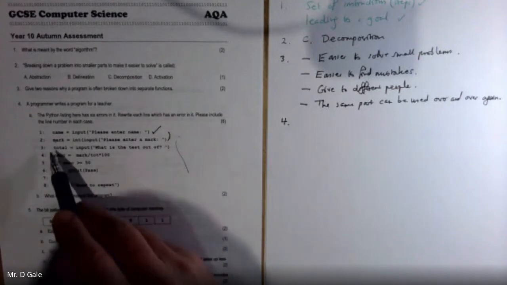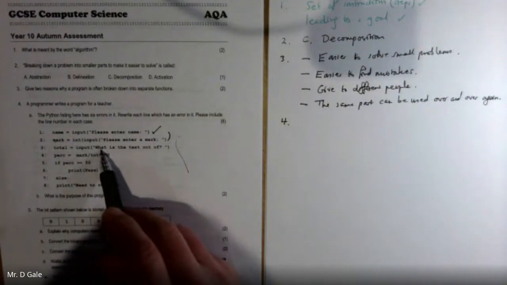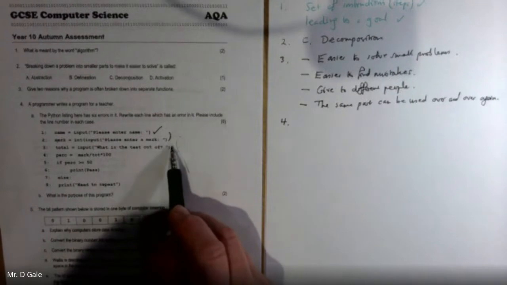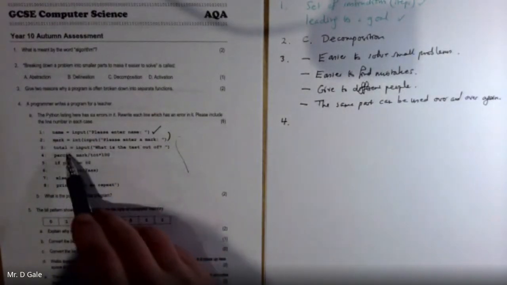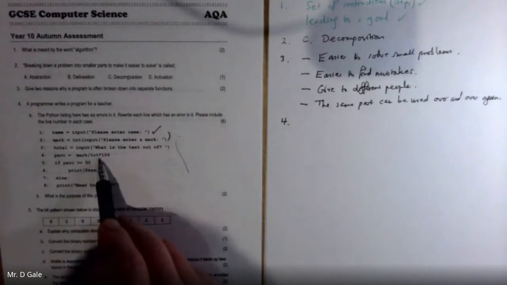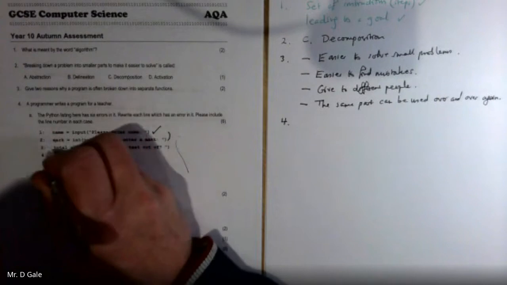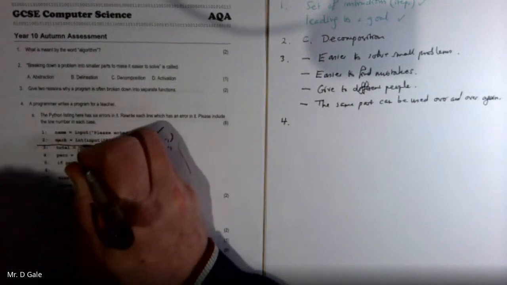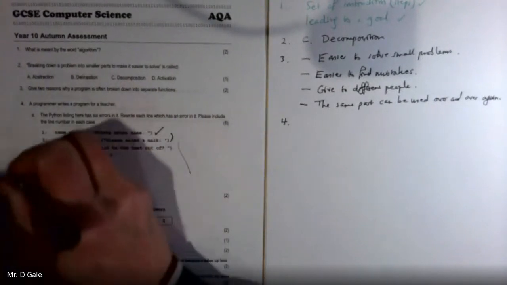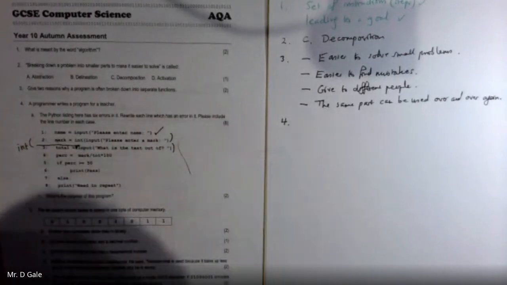Let's look on further down. Total equals input, speech marks, what is the test out of? Speech marks, closing brackets. No problem there. But total is a number. We're going to want to divide by that in a minute. So we need to have in there int and a bracket there and a bracket on the end.